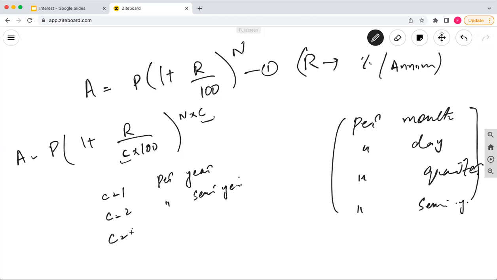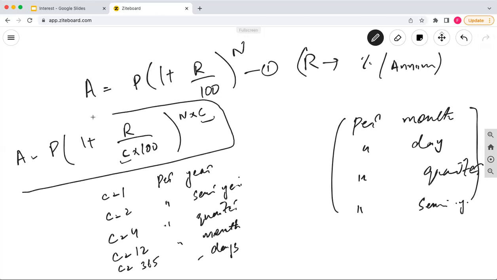For compounding per quarter of year, C will be 4. For compounding per month, C will be 12. And for compounding per day, that will be 365 days. So just remember this formula for compound interest.